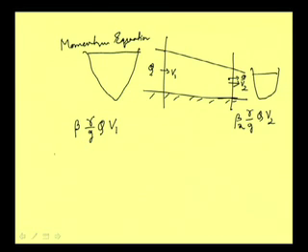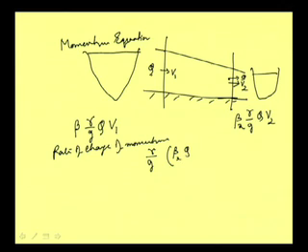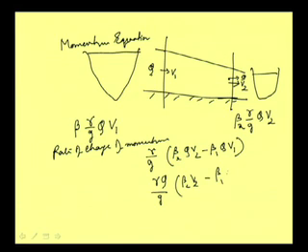So, the rate of change of momentum we can write as gamma by g into beta 2 Q v2, the momentum we get here, minus, keeping gamma by g common, beta 1 Q v1. Okay. Now, Q being common, we can write it as gamma Q by g into beta 2 v2 minus beta 1 v1.